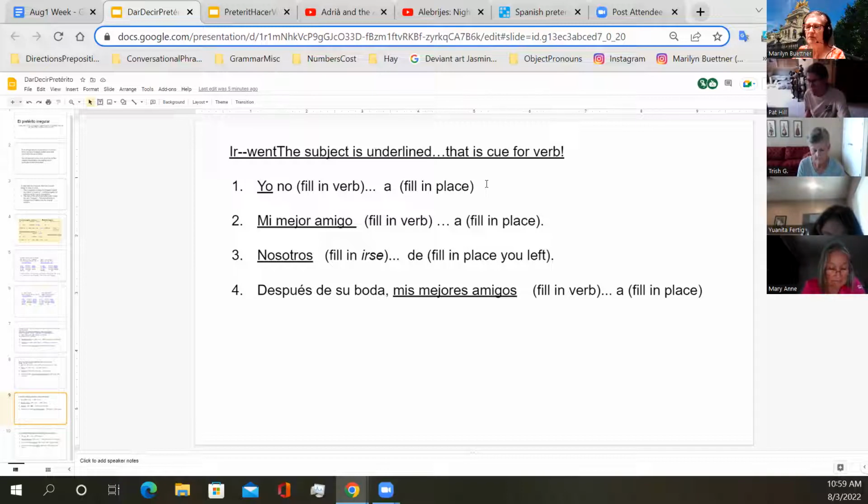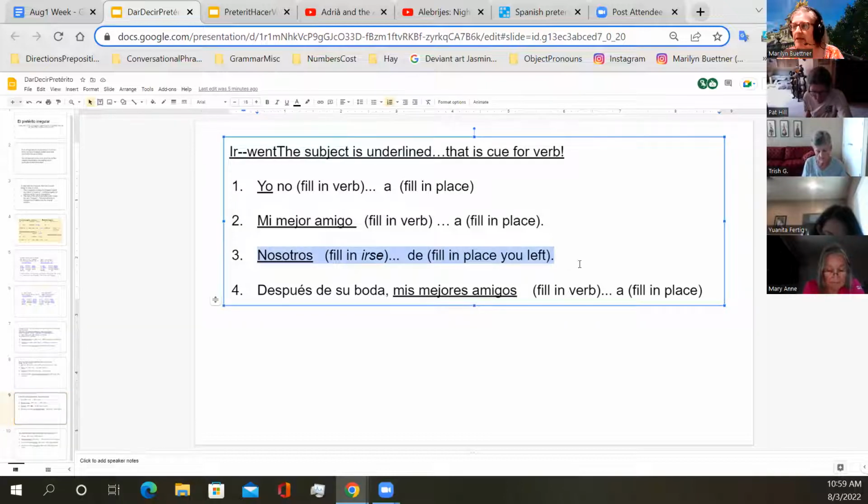¿Algo más? Ok, vale. For nosotros, I want you to use irse. Make it we left. We left a place. Por ejemplo, sí, bien. Nosotros fuimos de Jakarta. Okay, nos fuimos de Jakarta. We left, and now it's going to mean left instead of just went.